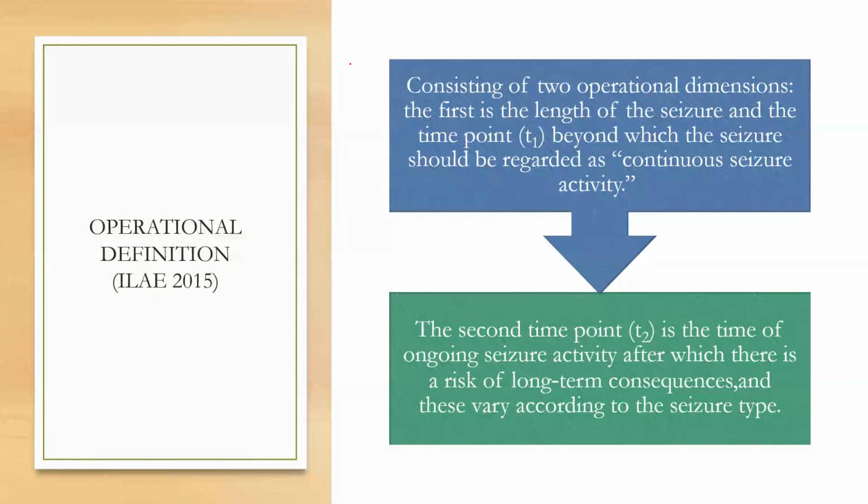T1 is the time beyond which you label it as status epilepticus, because you have continuous seizure activity. T2 is the time beyond which there is a chance of permanent neurological sequelae. So T1 is the defining time for status, and T2 is the point beyond which neurological sequelae are expected.